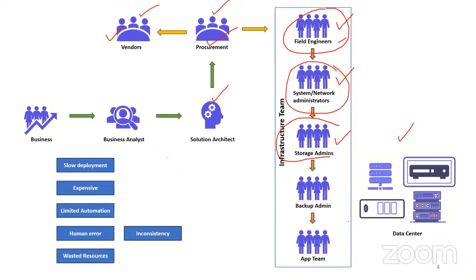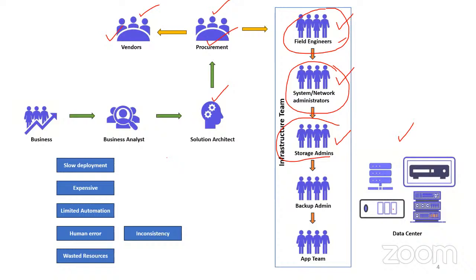One more major disadvantage is the wasted resources. This is the underutilization of the compute resources. The amount of resources that you are purchasing may not be usable for 100%.